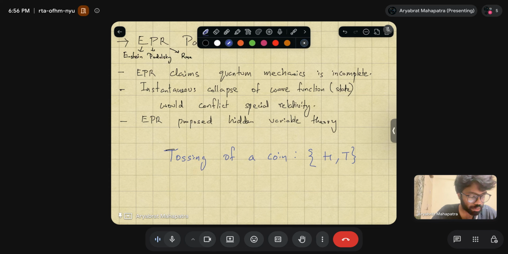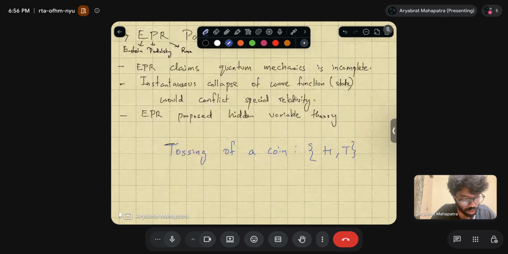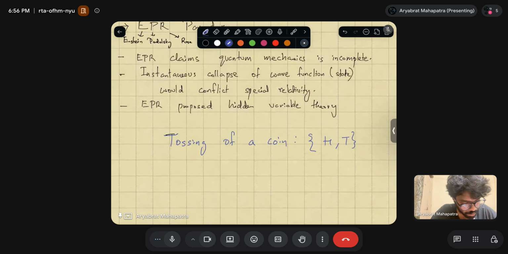So this is the rough idea I've tried to give you, but it turns out that there is no such thing after all. So you got what I mean by hidden variables, through this tossing of a coin, right?